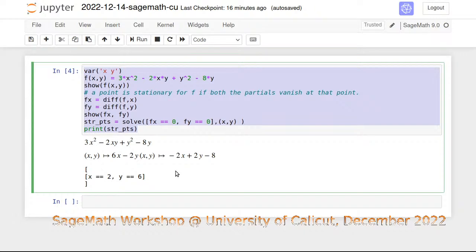You can try to modify it as a tuple and see if that's also working. Okay, so these are the stationary points.